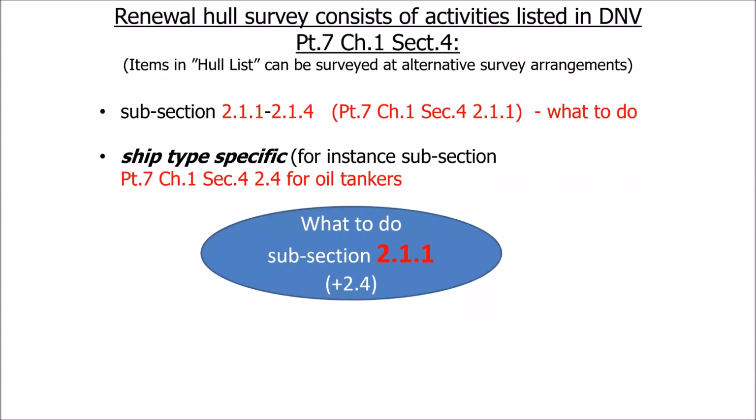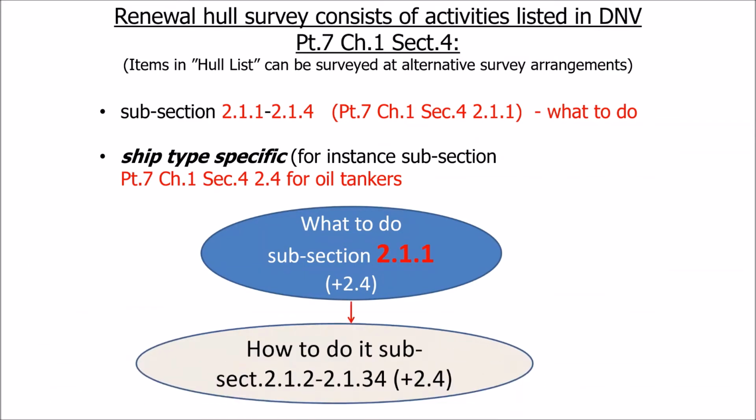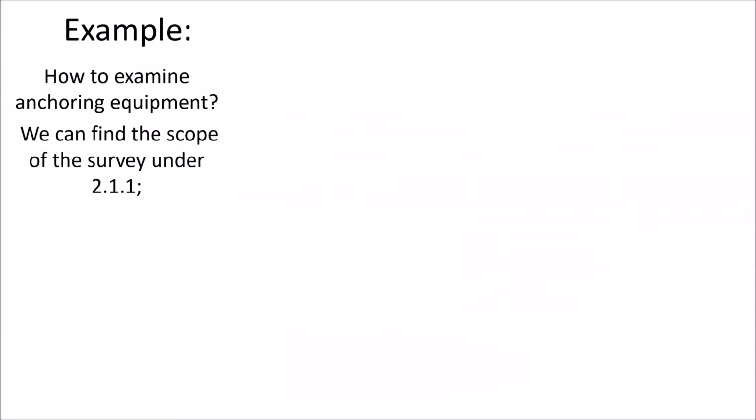So we have subsection 211 to 214, what to do, and again, ship type specific. For instance, subsection 424 for oil tankers, what to do, referring to how to do it. So in the windlass example here, how to examine the anchoring equipment.